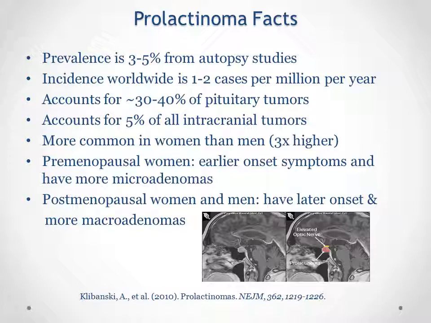It is very common, actually more common in women than men, 3 times greater. And premenopausal women will have an earlier onset of symptoms and usually have more microadenomas versus the postmenopausal women and men who have later onset with more macroadenomas, which, as you remember, are greater than 10 millimeter in size.